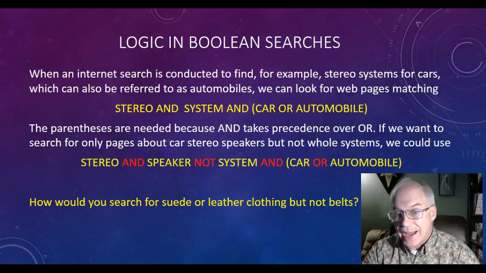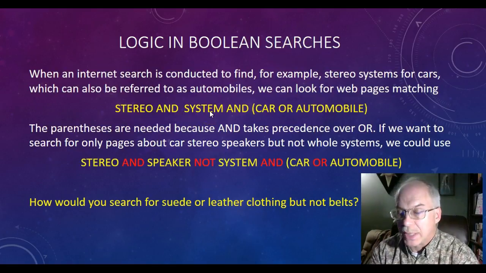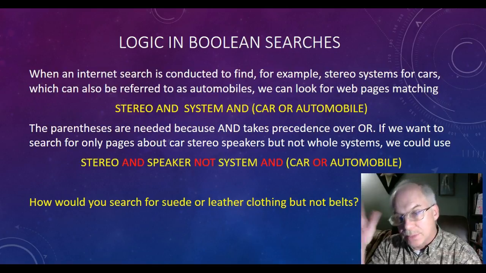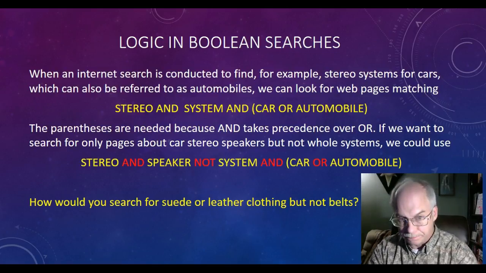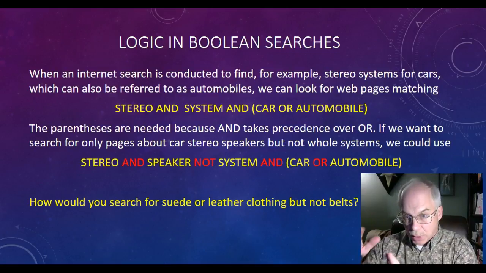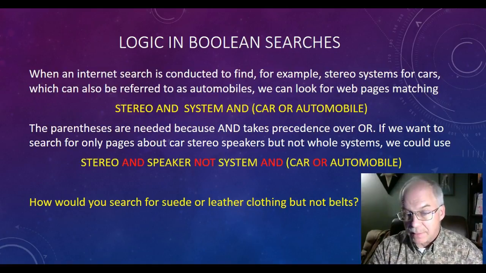So when an internet search is conducted and you want to find car stereo systems, you can use the search stereo and system, and car or automobile, because it could be called either one. So your parentheses there are necessary because you want the or to be done first and then the and, otherwise and would be done first.